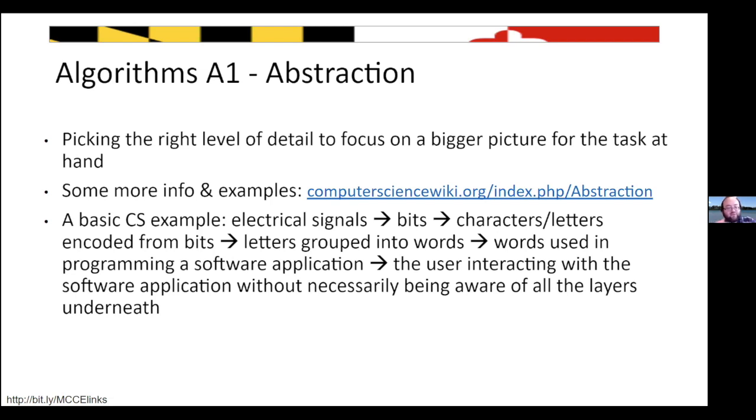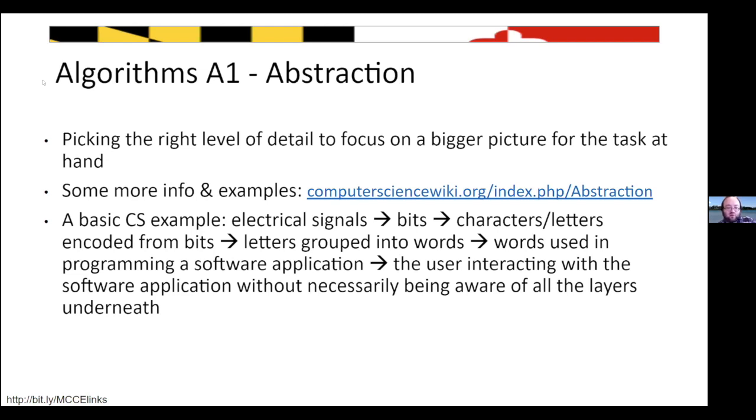But we abstract that out one level up and think about that not as electrical signals, but as bits, ones and zeros. And then those bits can be combined into bytes that might be interpreted as a character or a letter. And then those letters that have been encoded from those bits are then grouped into words.